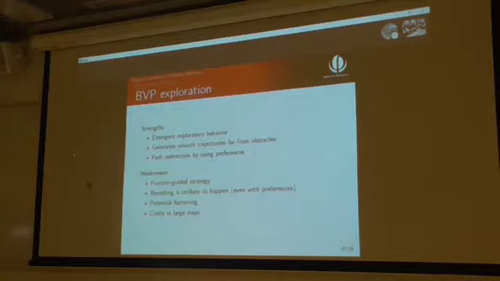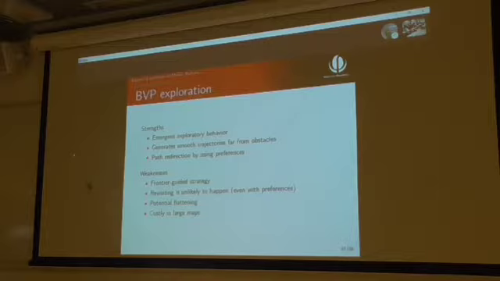This boundary value problem generates an emergent exploratory behavior, generates smooth trajectories far from obstacles, but it's not that good to perform, for instance, loop closure or revisiting regions that we already know, and it is costly in large maps.